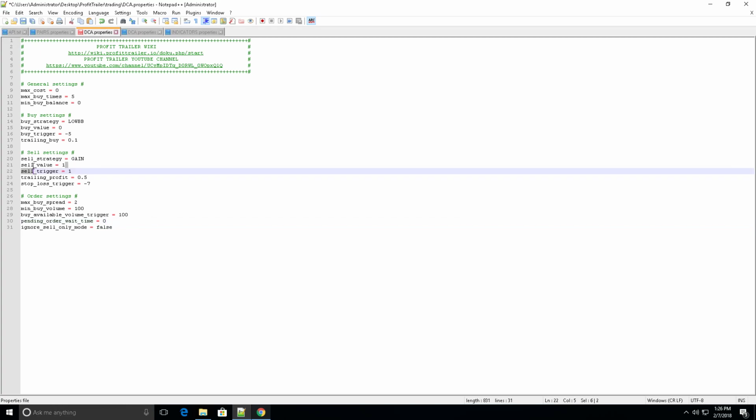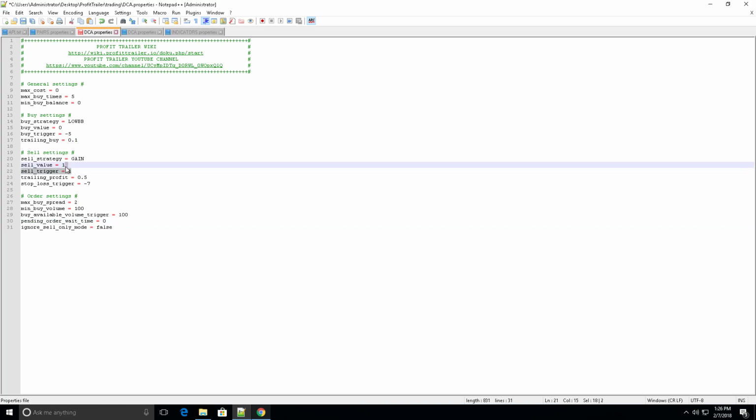So this profit that you set, it's going to calculate the minimum profit that you can get, and use that price to set the pending order on the market, so that the pair goes into the pending log, and it is now available for ProfitTrailer to look and get a buy opportunity for that pair again.